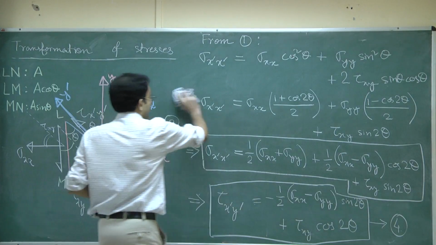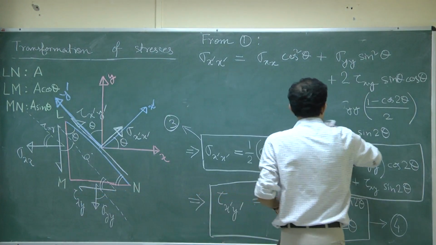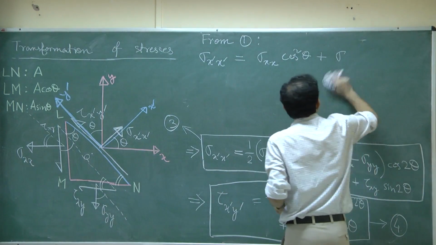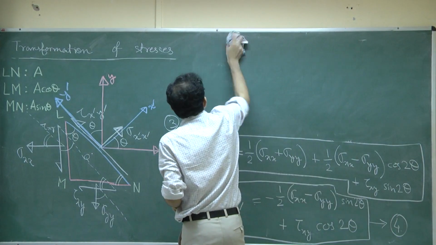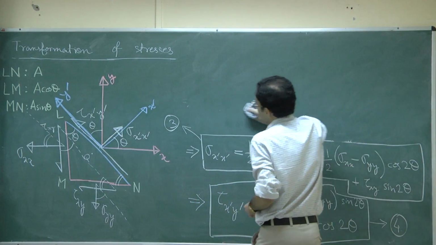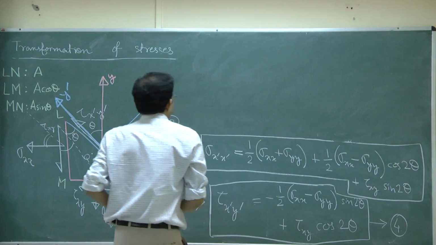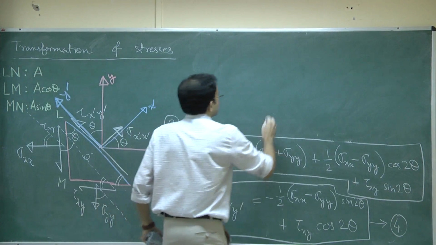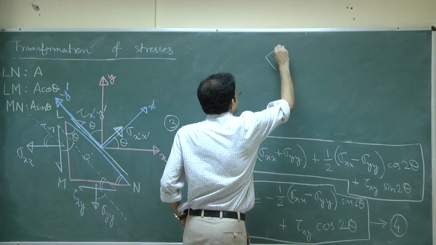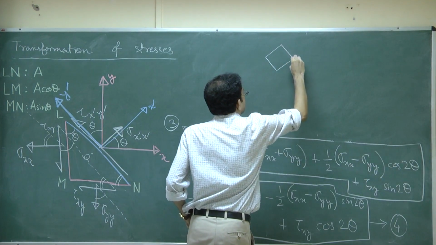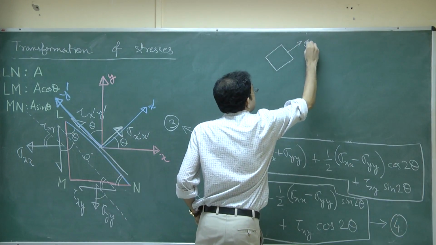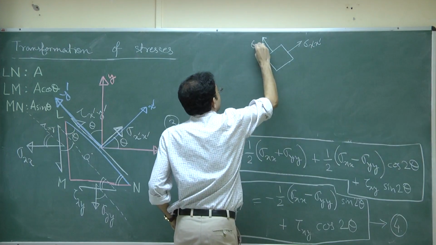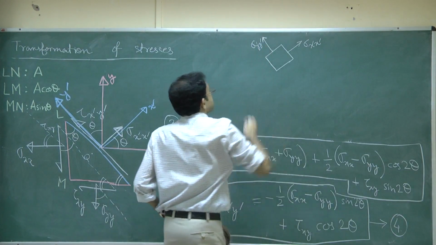So let me erase all these things. For my sigma y dash, I just have to note that if I go back to my picture like this, I had my sigma x dash here, and my sigma y dash here.